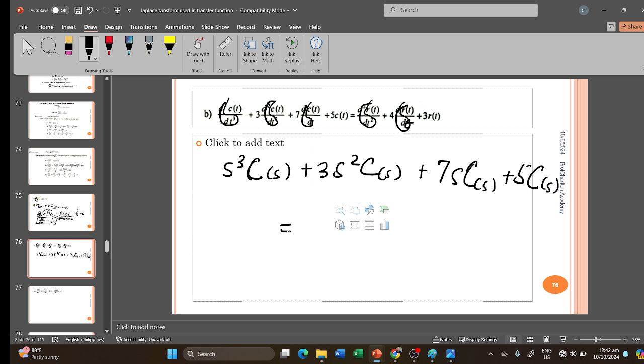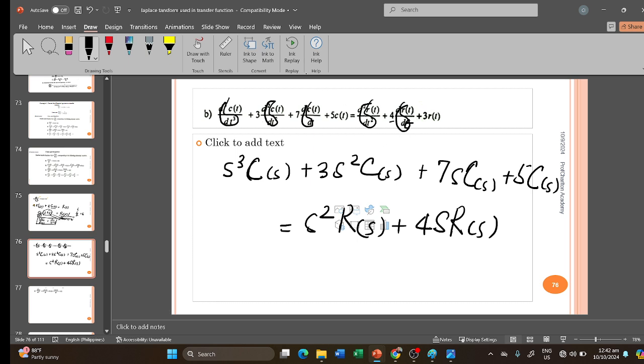Okay? Then on the other side, second order means S squared, then capital R becomes (s). Then there's a constant here. Then d over dt is S, then R(s). Okay?